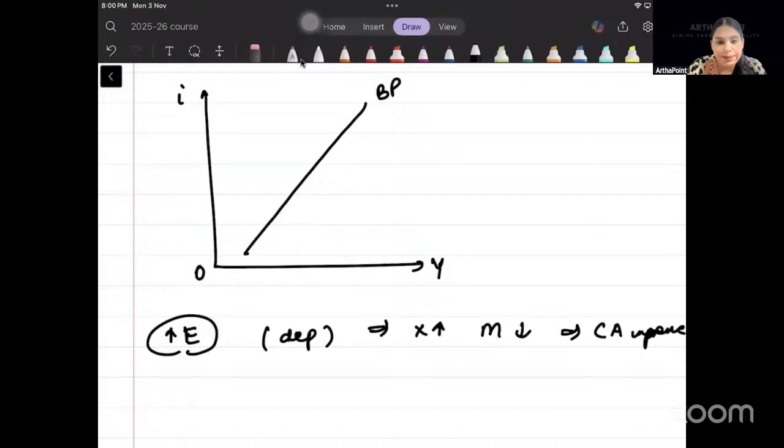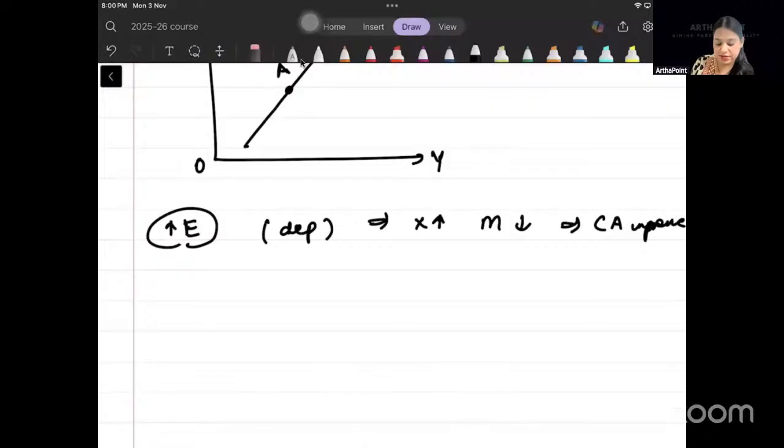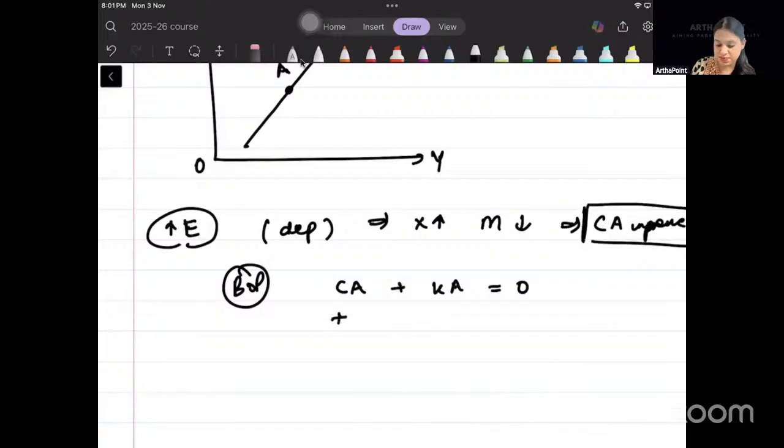Now, depreciation of currency. Let's say I'm at point A, and I want to understand what is happening to the economy after the depreciation of currency takes place. If my current account balance improves, then I know BOP says that capital account plus current account should be 0. When the current account has improved, it has become positive, so the capital account must become negative for the sum to be 0.